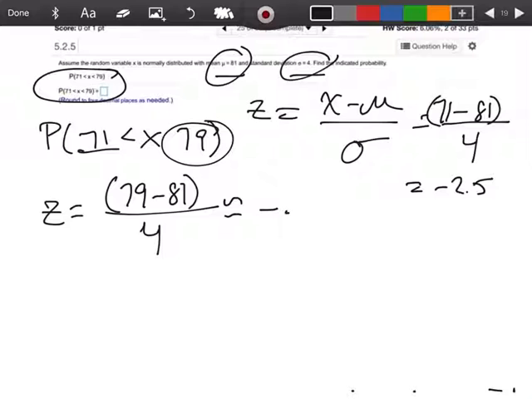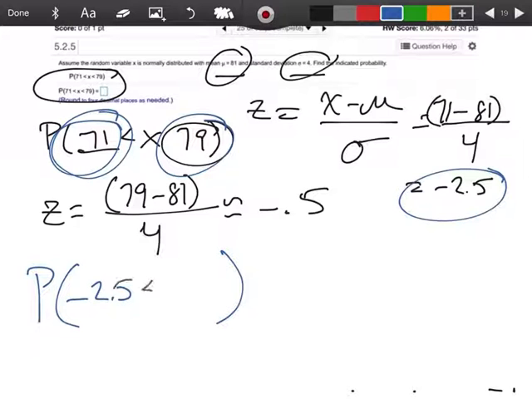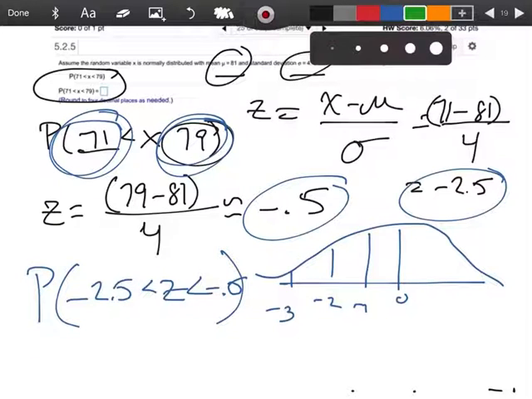Okay, so negative 0.5. So now, what is it we're trying to find? Remember, we converted these x values to z-scores. So this x value had a z-score of negative 2.5, and this x value had a z-score of negative 0.5. So I'm going to draw my picture again. Okay, here's 0, there's -1, there's -2, there's -3.